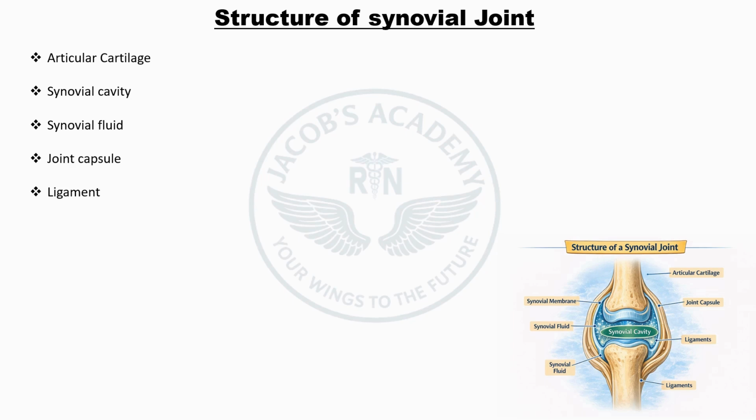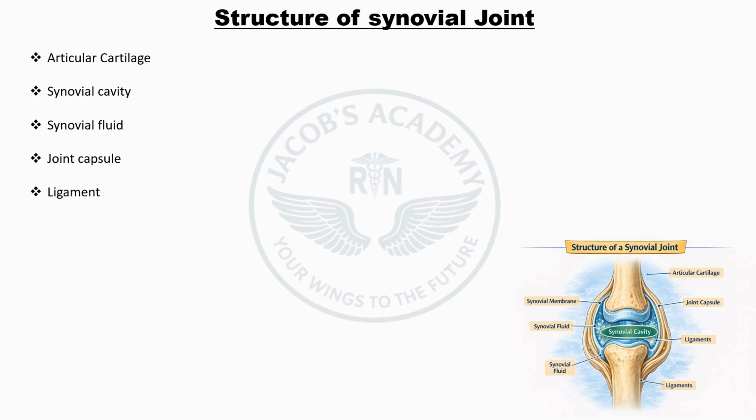Next is the synovial cavity. This is the small space between the bones which allows movement to occur without the bones rubbing directly against each other. Coming to the synovial fluid, it acts as a lubricant.